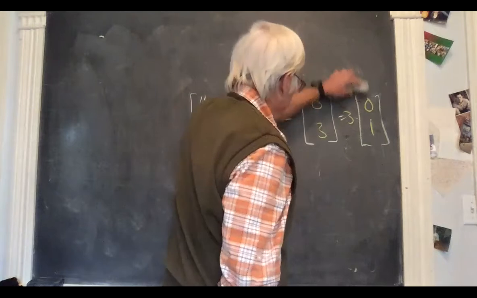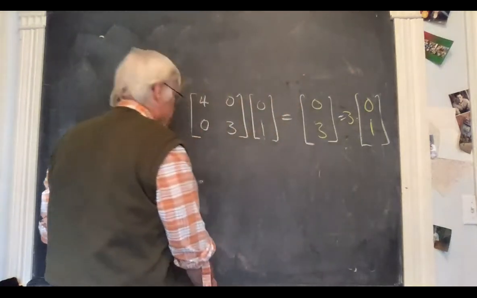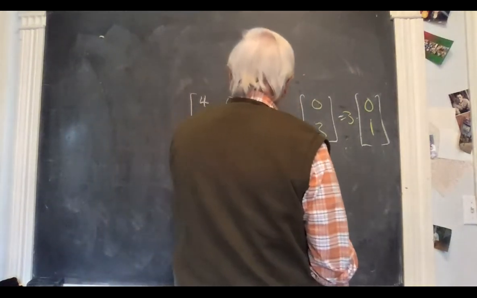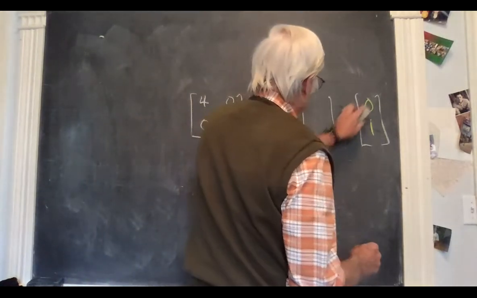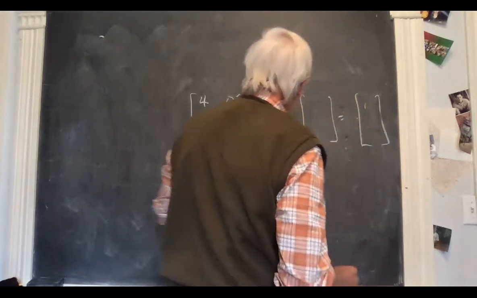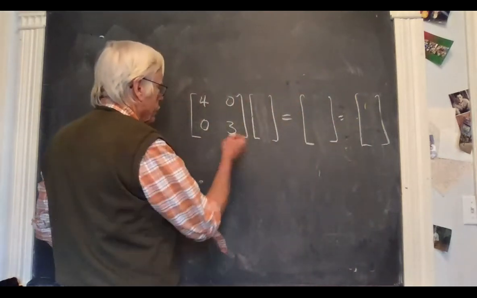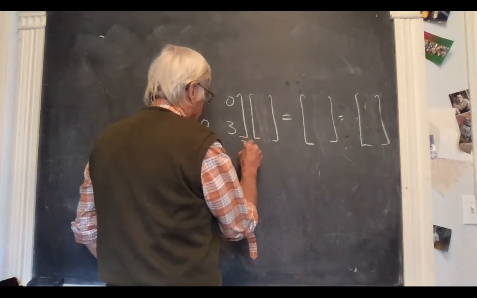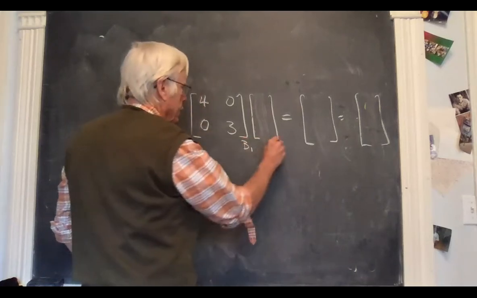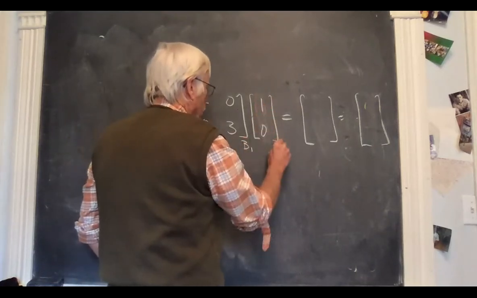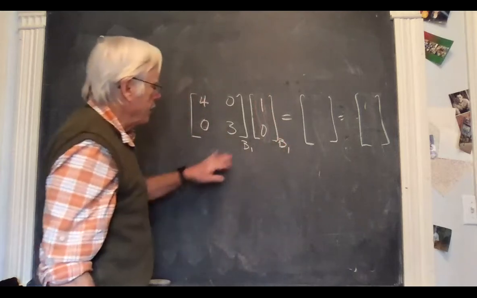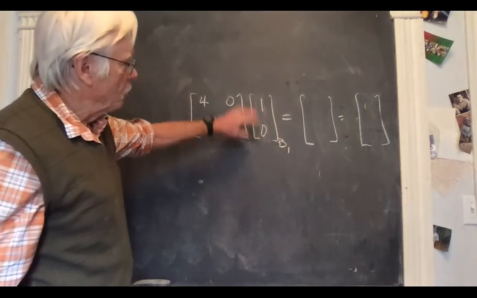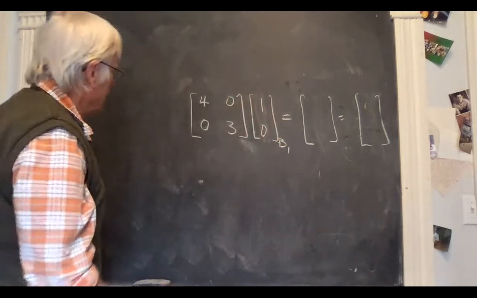Now, suppose that the basis we're dealing with is not the standard basis, but is a different basis, say some basis B1. Then if you take 1, 0 in the basis B1, it does not mean the x direction.